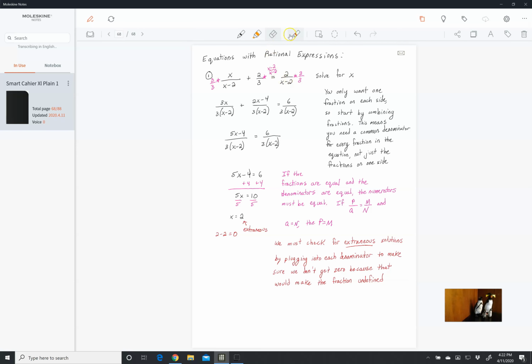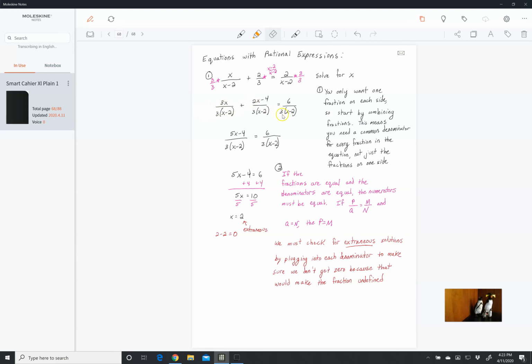Okay, so we essentially have 3 steps here. First, we only want one fraction on each side. We're going to do that by adding or subtracting. Then we want to say that the fractions are equal, the denominators are equal, therefore the numerators must be equal.